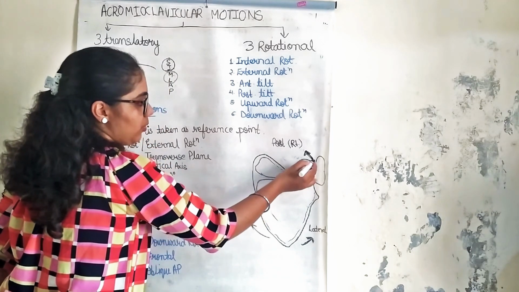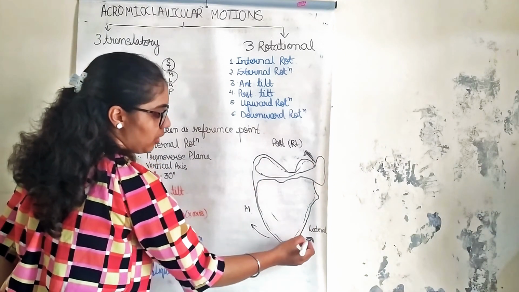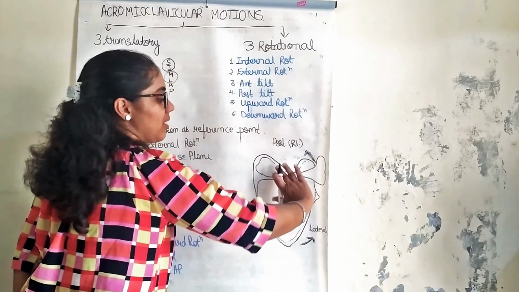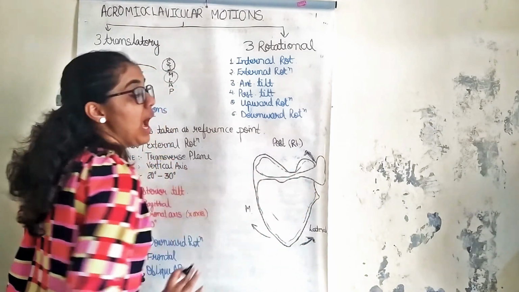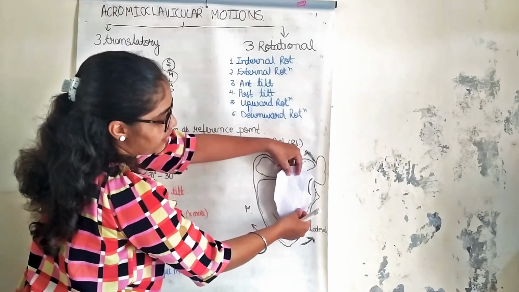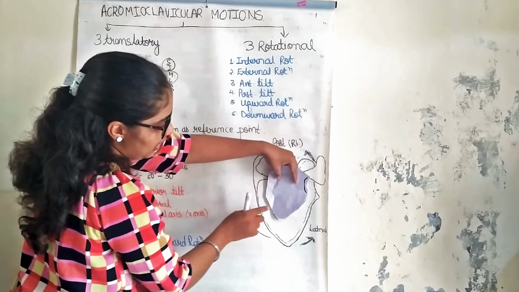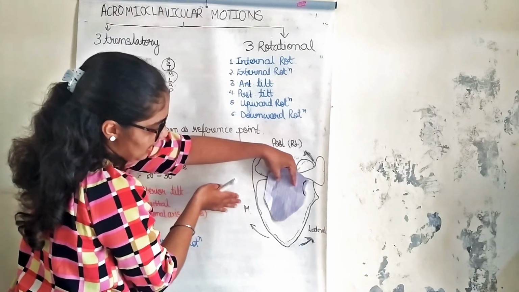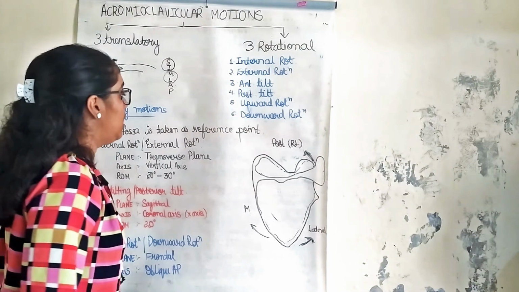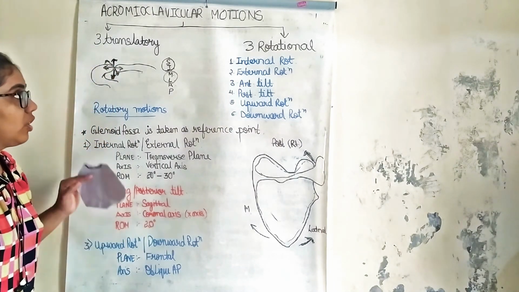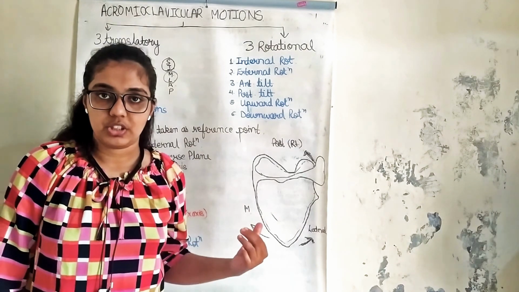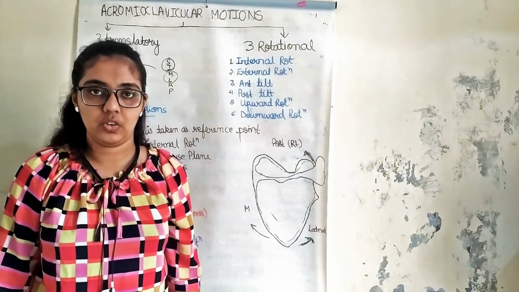So this is known as upward rotation. The opposite happens in downward rotation: the glenoid fossa moves downward, so the medial portion moves in this direction. This is known as downward rotation of the acromioclavicular joint. So these are the basic motions which occur at the acromioclavicular joint.